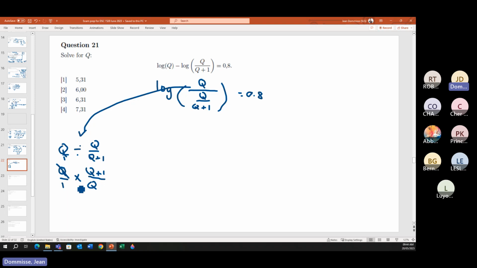Now you can see if we have that, what we're left with is actually q plus 1. So the log now becomes something much simpler to work with.